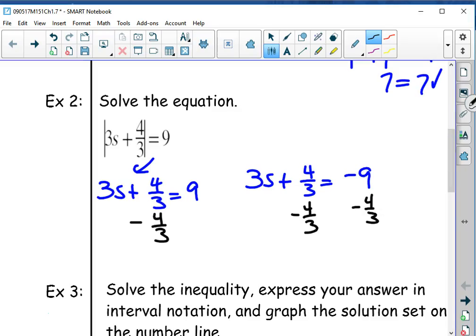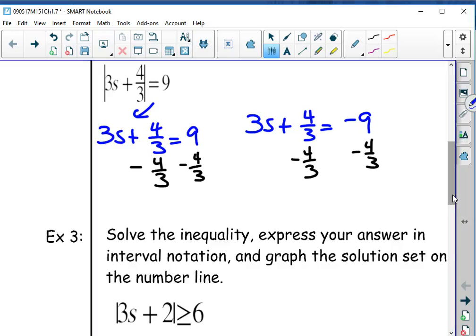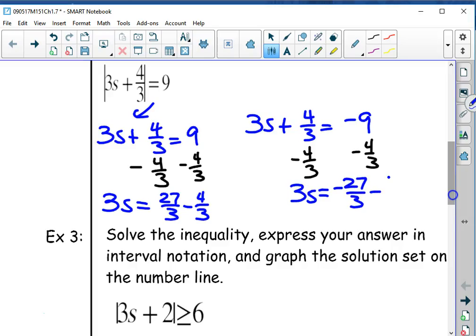All right, 9 in thirds. 3 times 9 is 27. So we'll get 3s equals 27 thirds minus 4 thirds, and 3s equals negative 27 thirds minus 4 thirds.